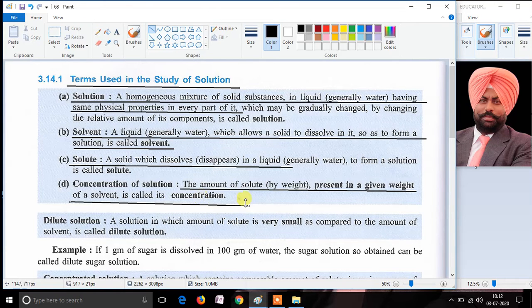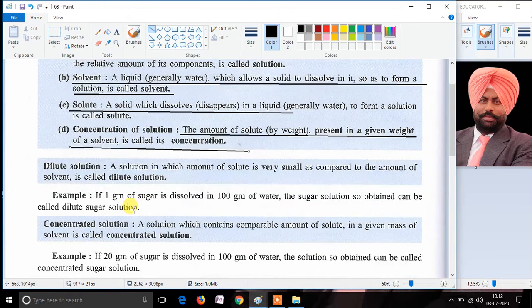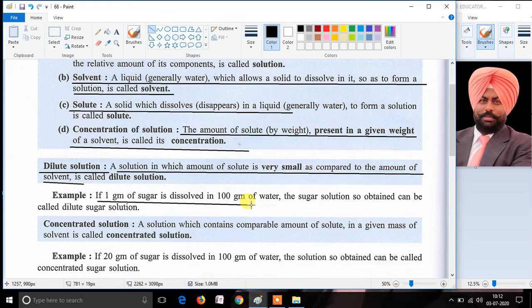Moving on further, the solutions are of different types. The first type is dilute solution. This sort of solution is a solution in which the amount of solute is very small as compared to the amount of solvent. For example, if we dissolve 1 gram of sugar in 100 grams of water, we can see that the quantity of sugar is very less as compared to water.